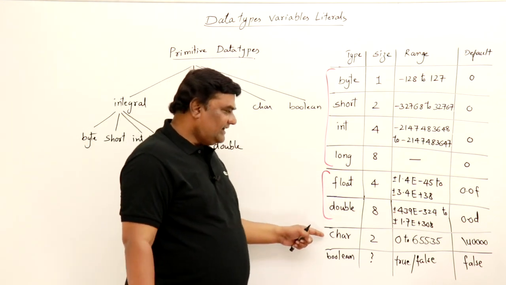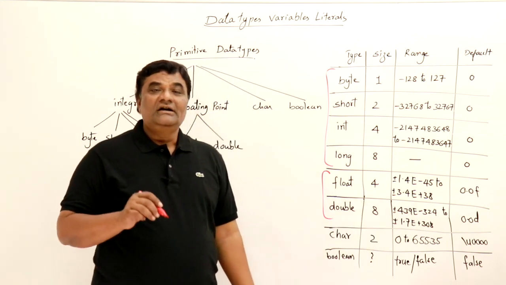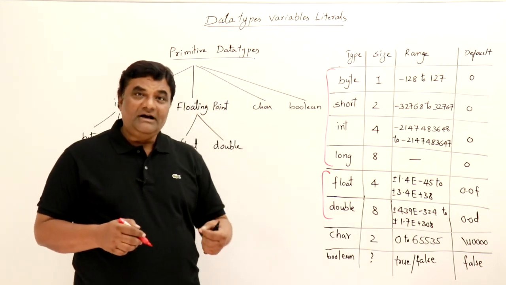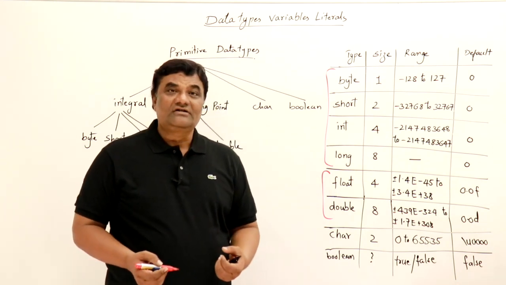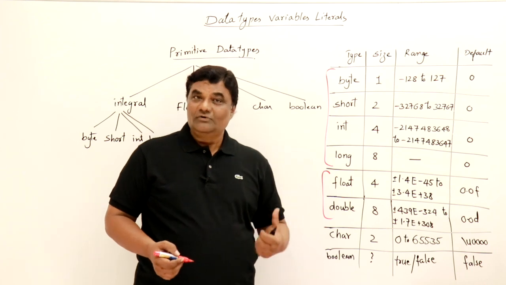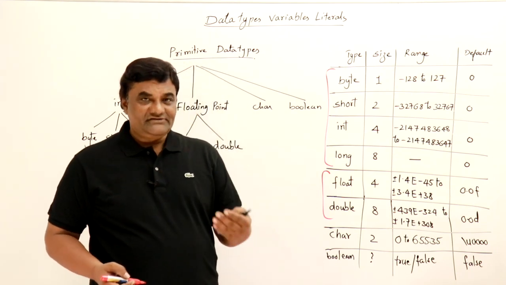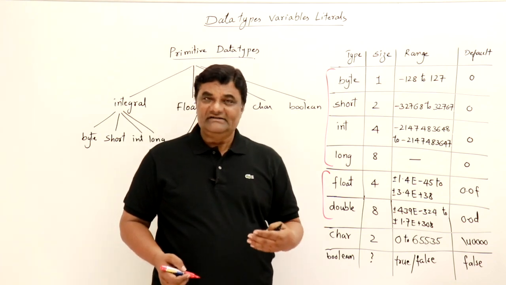Now next is character type data. See, Java supports other natural languages apart from English. In C, C++, you have the support for only English alphabets, but in Java, it has support for other natural languages also, like Hebrew, Arabic, Japanese, Chinese, and so on.